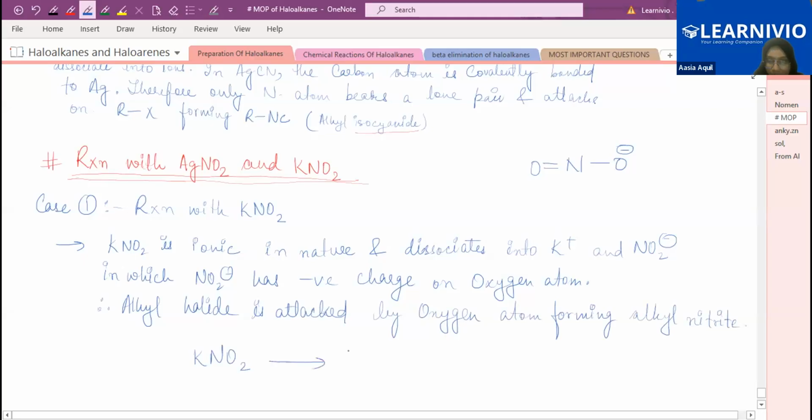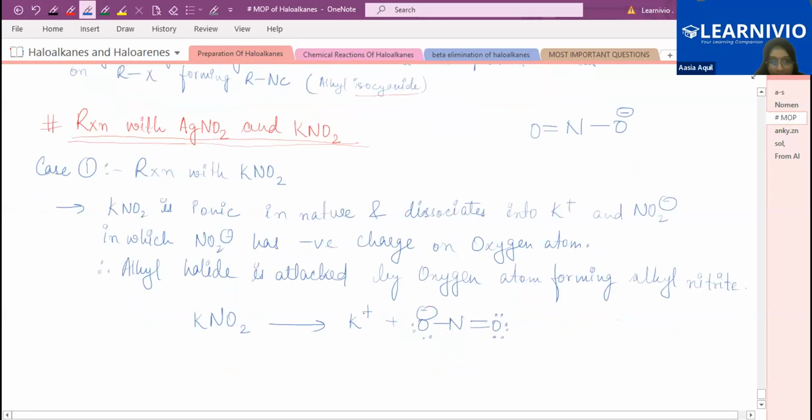Since KNO2 is ionic in nature, it dissociates to form K plus and NO2 minus, and there is a lone pair. Now this NO2 minus has a double-bonded oxygen and a negatively charged oxygen.